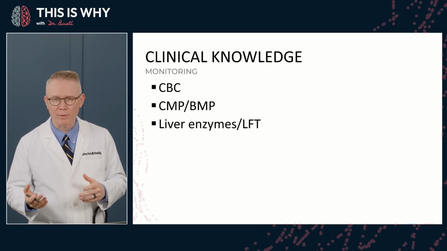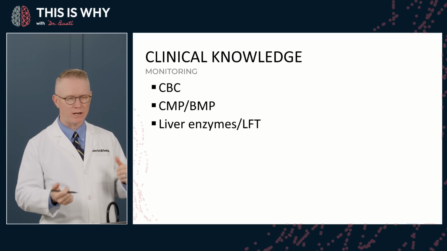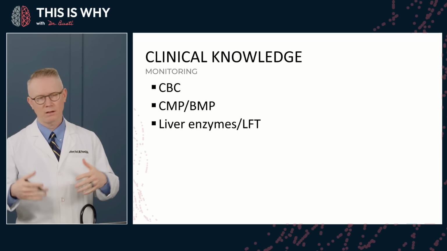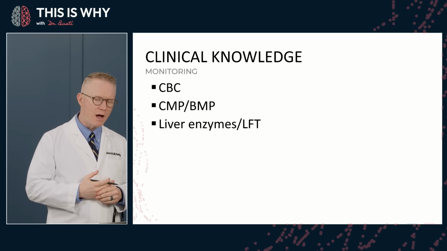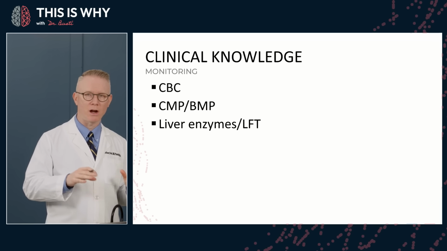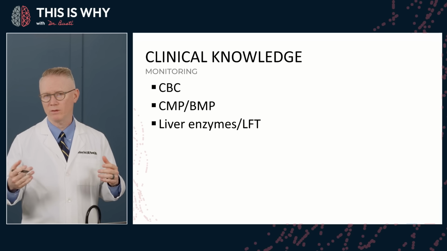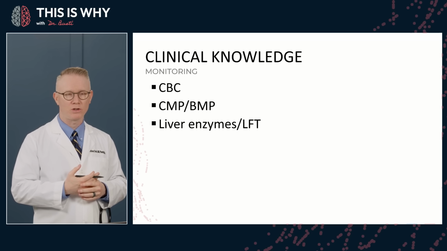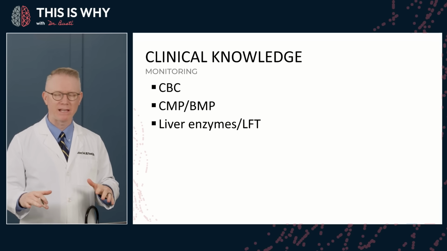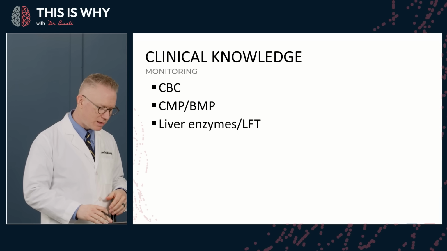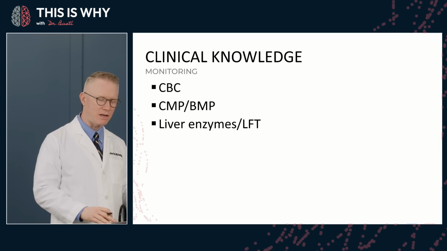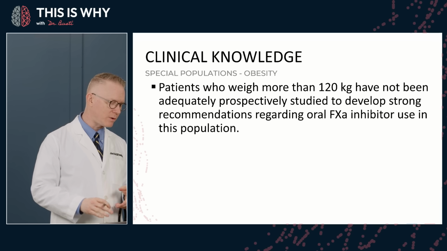So if the liver is compromised or is being damaged, like in hepatitis, cirrhosis, hep C, all these things, then these patients are at greater risk of bleeding. And so you just want to be able to assess that, especially at baseline and intermittently thereafter. That's why that is listed there, so that you understand it, okay?